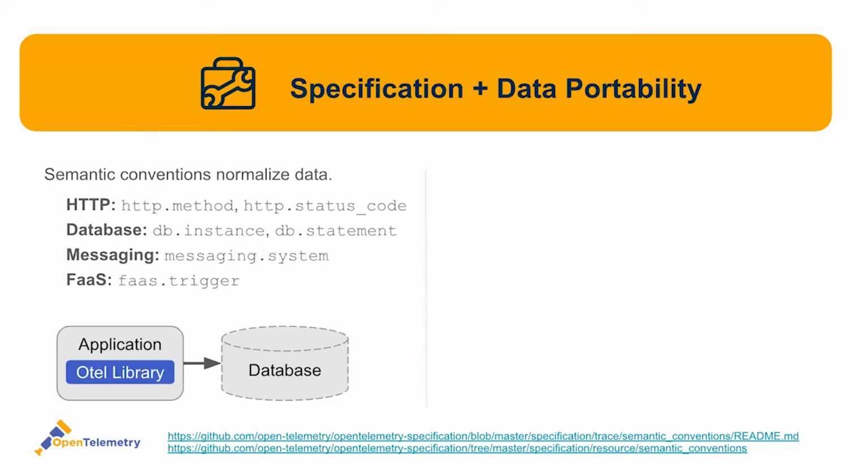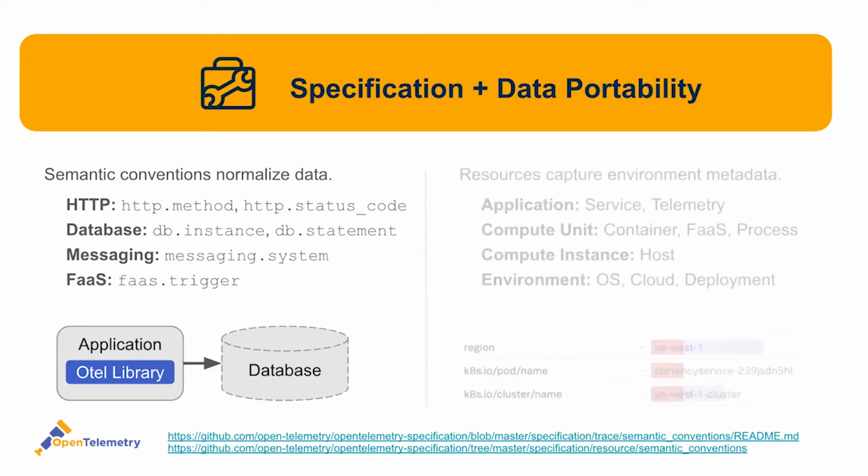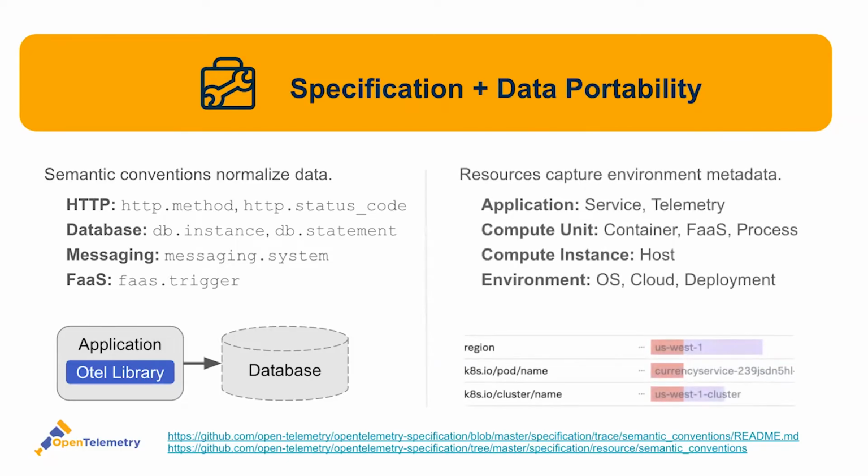Now, there could be other applications that you don't control that are also calling that database, so it's not like full visibility in, but it's this additional step where maybe I have a service map of all my instrumented apps. I can also see the services that are being inferred or being called, and they can be visualized in my service map as well, which help me identify if there are problems or hotspots or availability issues that I need to be concerned about. So this is very powerful, and this will work with any backend that supports the OpenTelemetry standard. So as long as your backend does, you're all set.